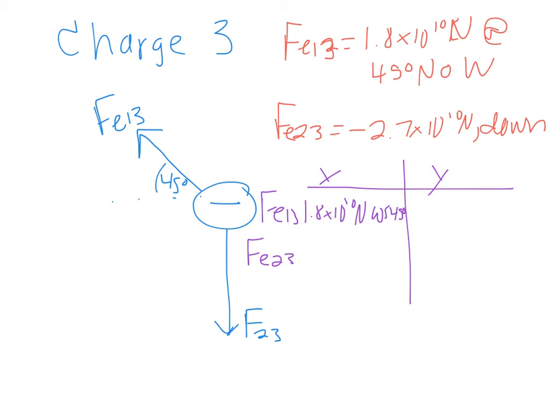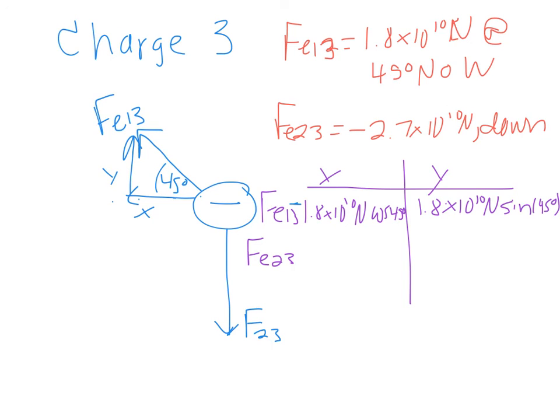This is negative because it's pointing left. So this would be the x component, this would be the y component. So you have to make that negative. And then in the y direction, 1.8 times 10 to the 10th newtons sine 45 degrees. This is positive because it's pointing up.